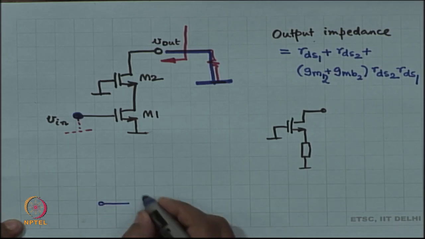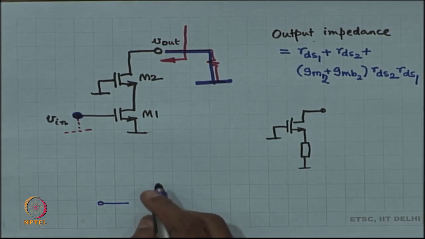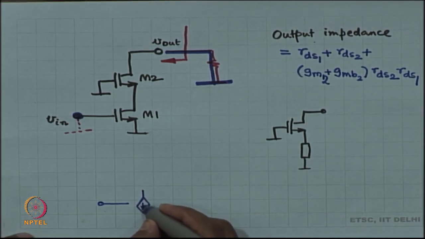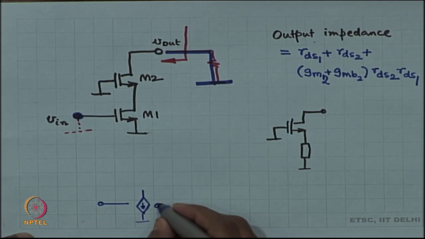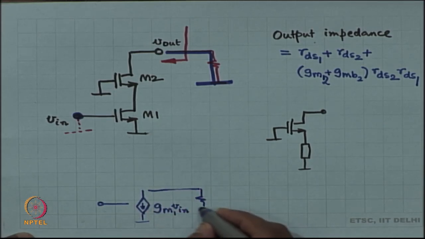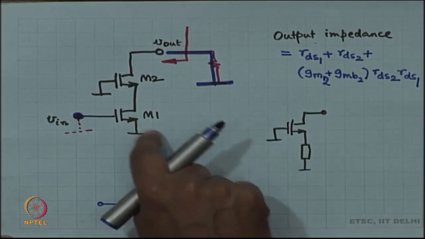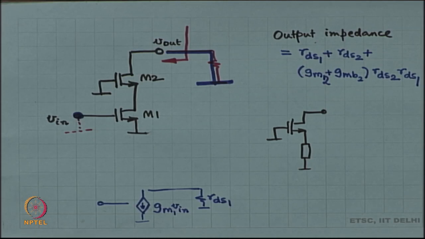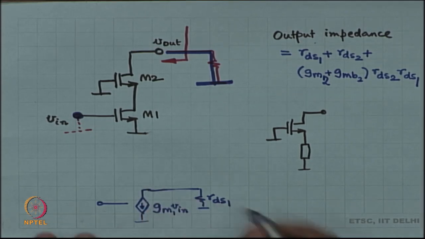So, let us redraw. I do not like this redrawing, but you should draw this in your mind. There is GM1 times V in and there is RDS1. GMB of number 1 device does not matter, because both body and source are at ground. So, I am not going to draw that, thank you.